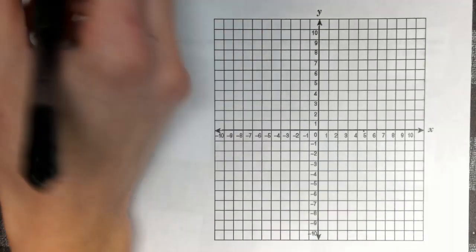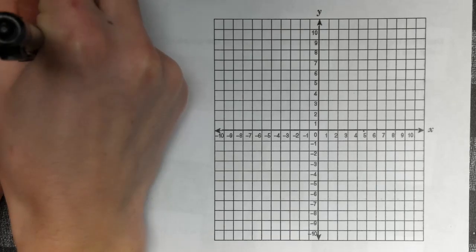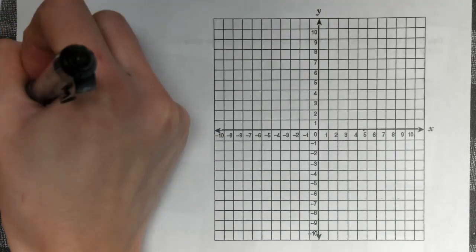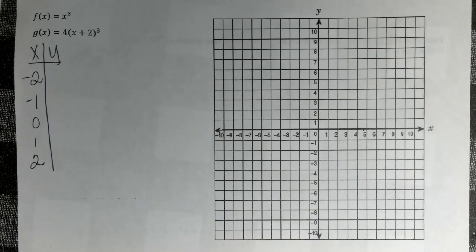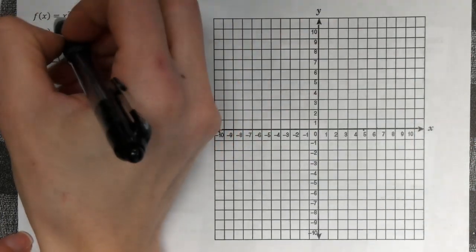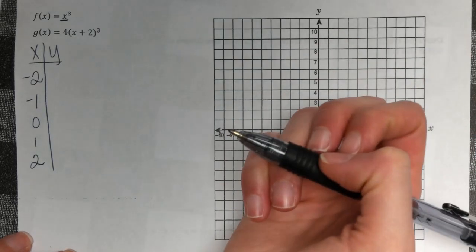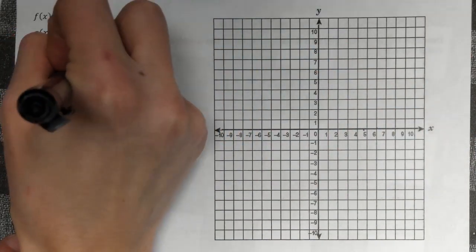Okay, so here, my parent function is still x cubed, so -2, -1, 0, 1, 2. I'm taking those and plugging them into my x value for my parent function. Negative 2 cubed is negative 8.